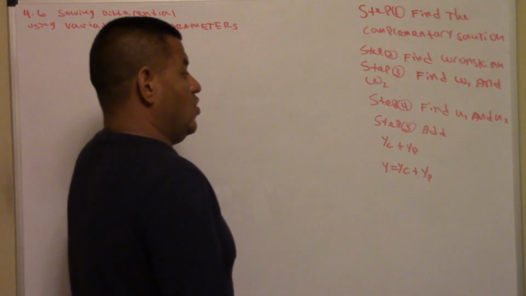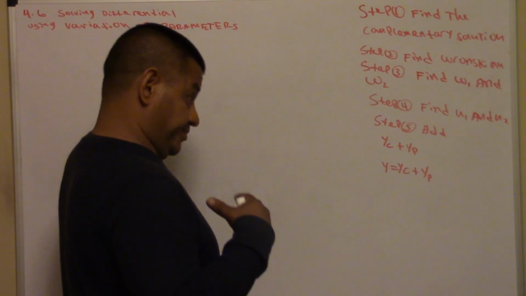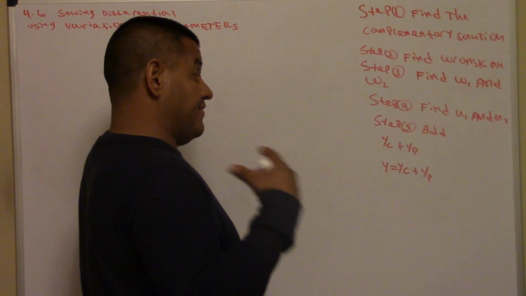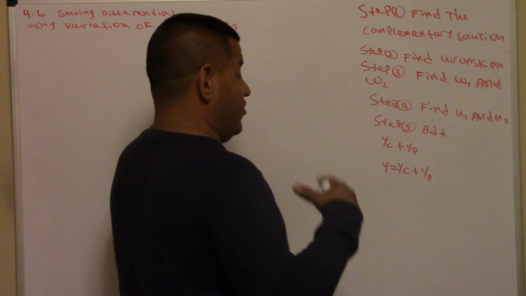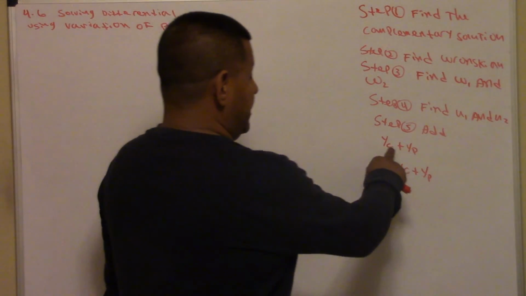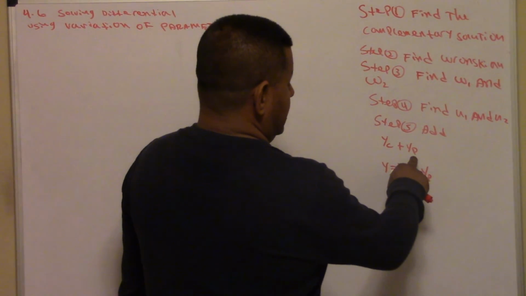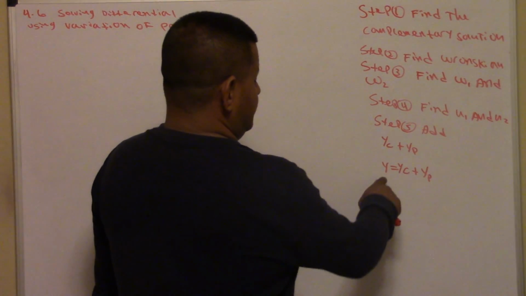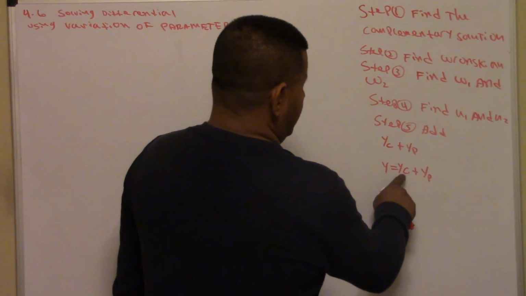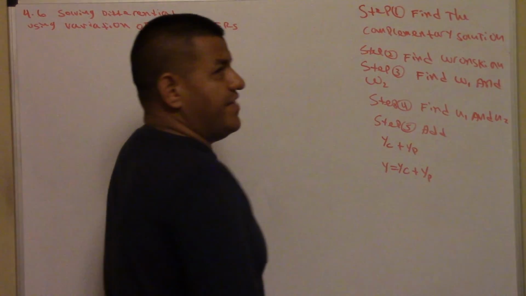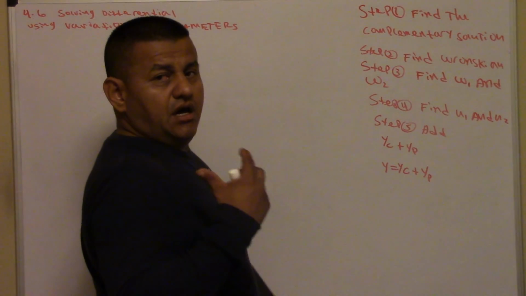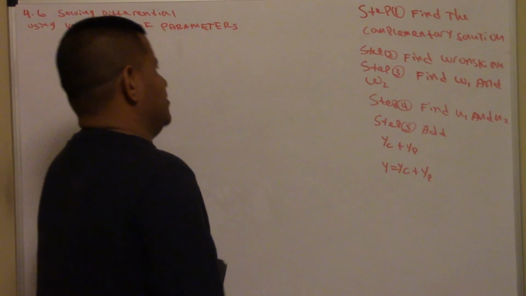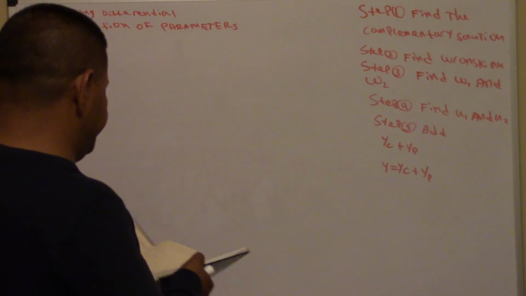And in step 5 we are going to add the complementary solution plus the particular solution, which is y equals y sub c plus y sub p. That is going to be the final answer for the differential equation.